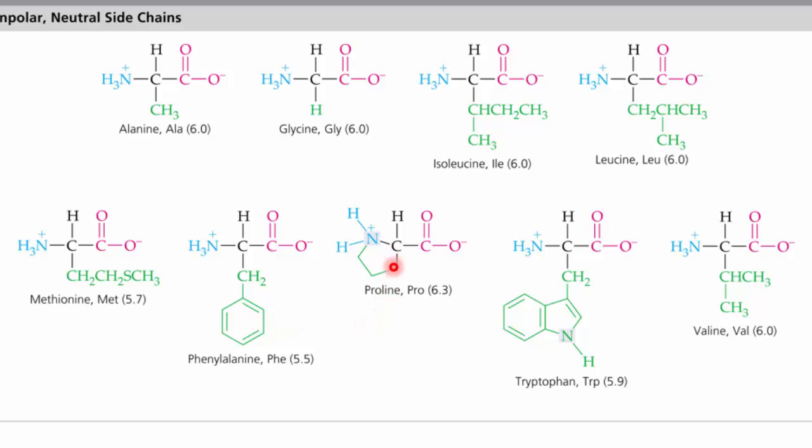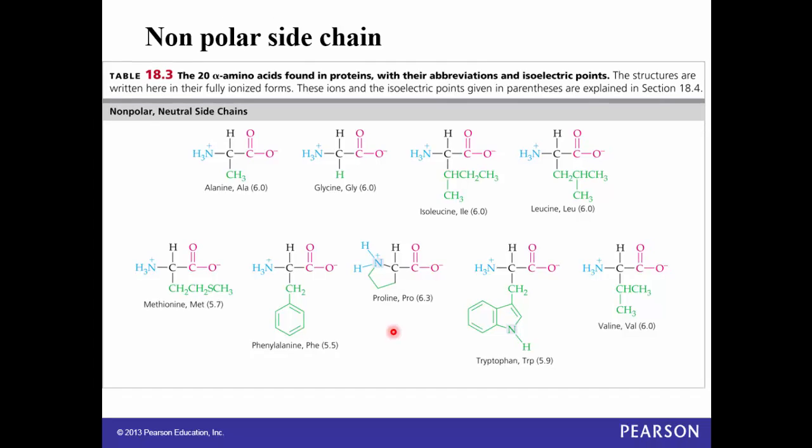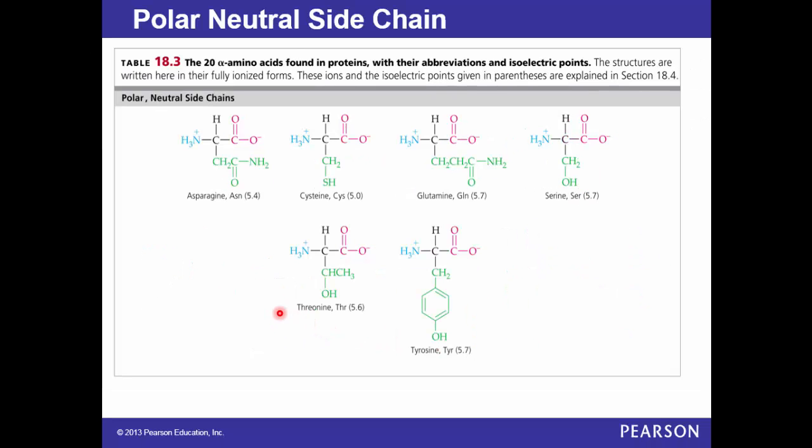This is proline, which is very specific. The R group is cyclic, as you can see, and this is known as a secondary amine. Tryptophan, the R group is called an indole ring and it's aromatic. Valine, the R group is isopropyl. So here we have 9 non-polar amino acids.